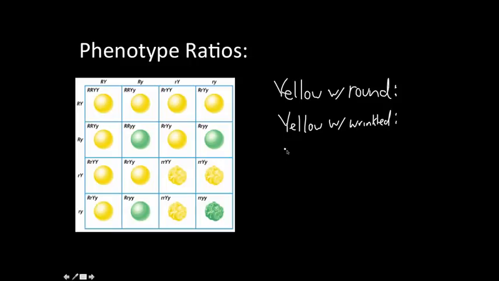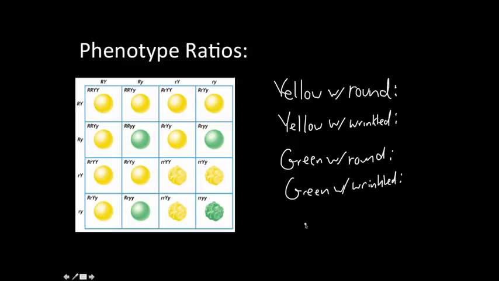Could be green with round, or it could be green with wrinkled. Okay. So if we take a look at what we got in our Punnett square and we look for these different phenotypes, we find that there are 9 offspring that come out with yellow and round.